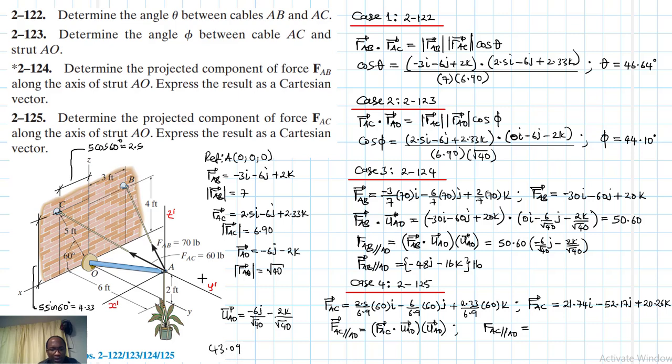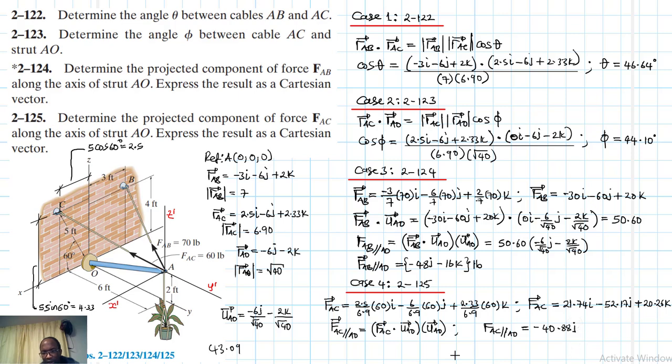Then I multiply this, so I'll say, let me just write it somewhere, 43.09. Then I'll multiply that with a unit vector, so I'll say 6 times 43.09 divided by root of 40. So this gives me a minus 40.88j rather.